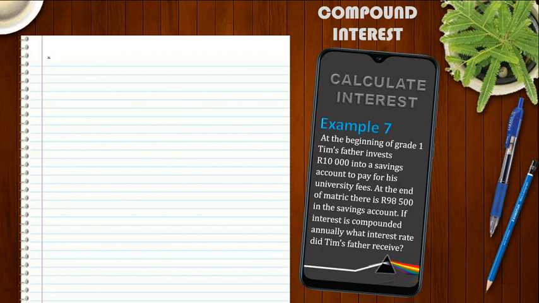Okay, so compounded, which means A is equal to P(1 + i)^n. We want A, P, i, n. We have the initial amount as 10,000. At the end of the school career, there is 98,500 Rand in the account. The interest is what we want to solve for.